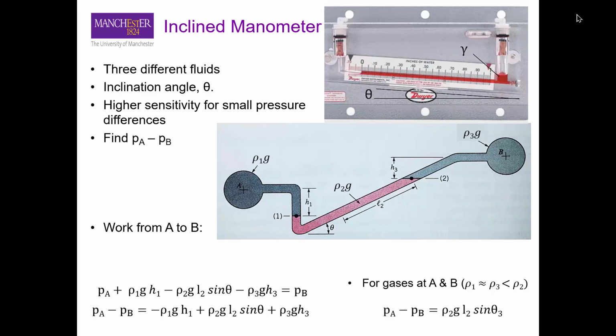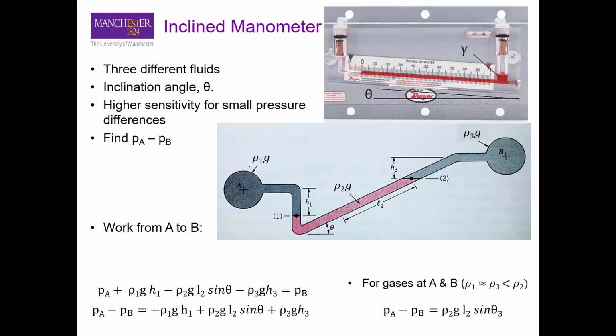So the inclined manometer actually is a U-tube manometer, and this U-tube section is stretched, so that you can measure smaller pressure differences, for example. In the picture, there are 3 fluids here. We have fluid 1, let's say a liquid of density rho 1.